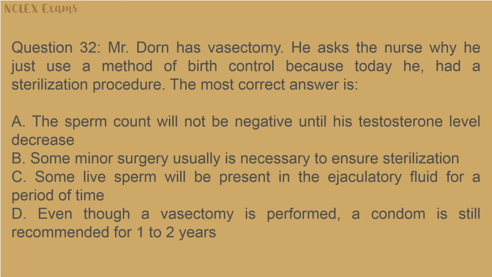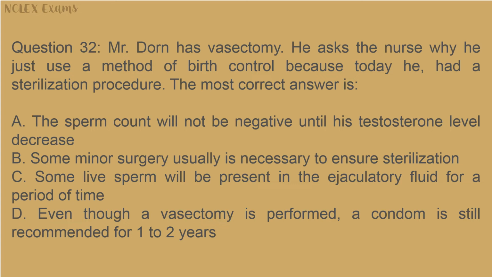Question 32. Mr. Dorn has had a vasectomy. He asks the nurse why he must still use a method of birth control because today he had a sterilization procedure. The most correct answer is: A. The sperm count will not be negative until his testosterone level decreases. B. Some minor surgery usually is necessary to ensure sterilization.